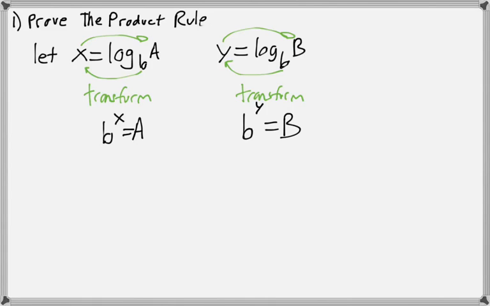Next, I'm going to multiply both sides together. So if you take the 2 left-hand sides and multiply them together, you get b to the x times b to the y. And then if you multiply the two right-hand sides, we get a times b. Okay, so looking at the left-hand side, these are like bases and we're multiplying them, which means we're actually adding the exponents.